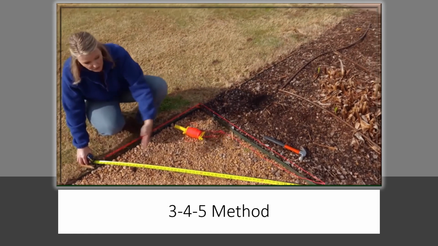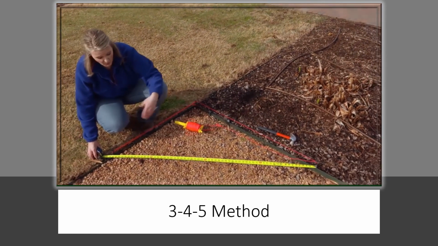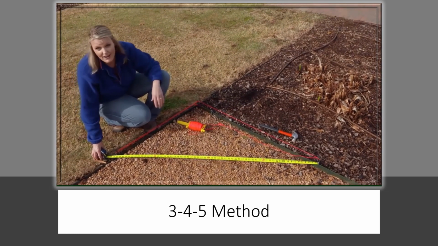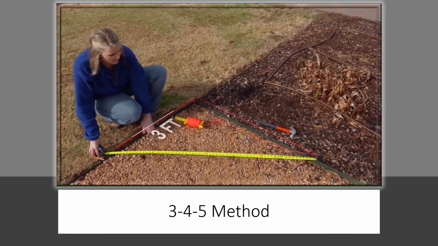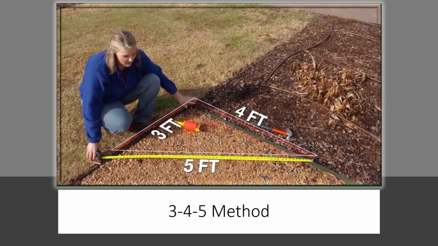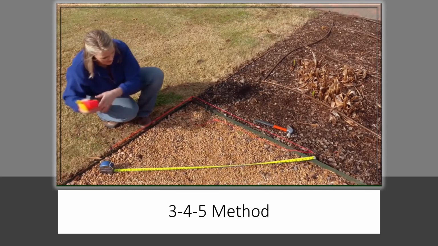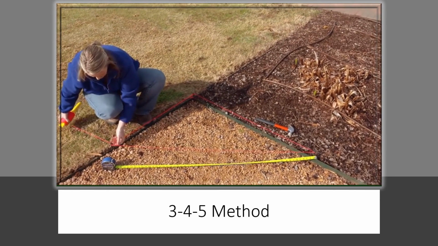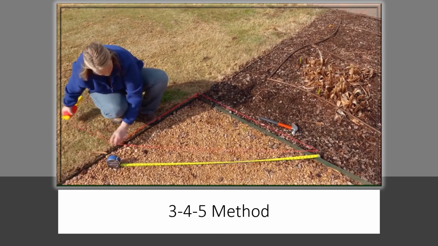If it's more or less, you might need to move one of those points to make sure that that hypotenuse is 5 feet. So here we have 3, 4, and 5. And therefore, we know that this is a square corner. And we'll go ahead and make our right triangle just like this.